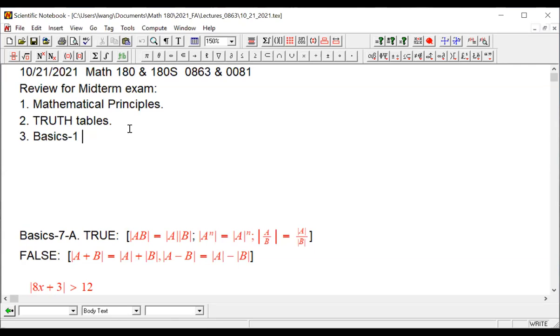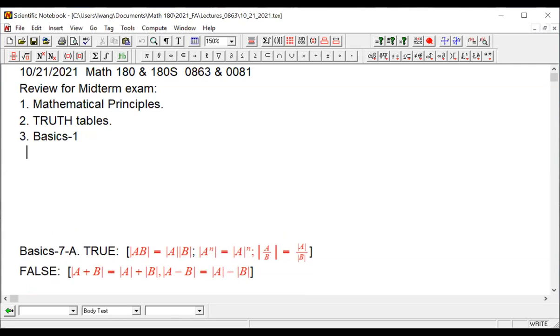Okay, so basic understandings, basically, right? Domain, range, intercepts, and the rule, right?